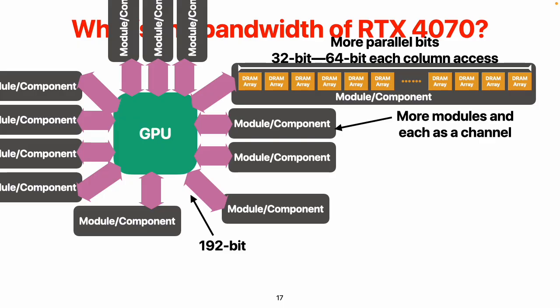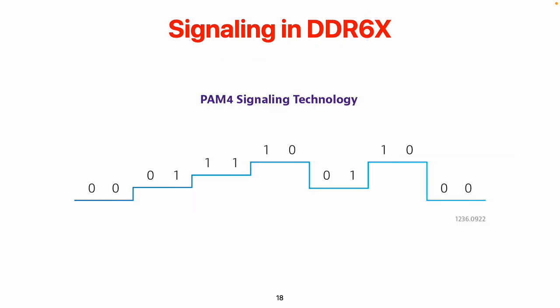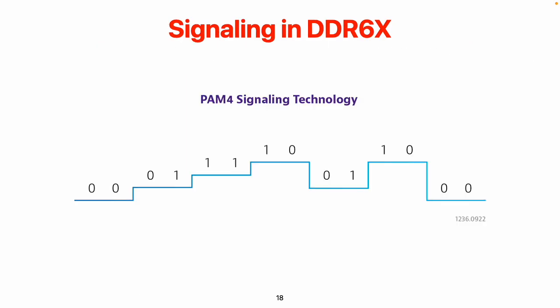So with the 4070, you can do simple math and figure out what your bandwidth is probably something like this. And the thing is that you can actually subdivide your signal in some sense.